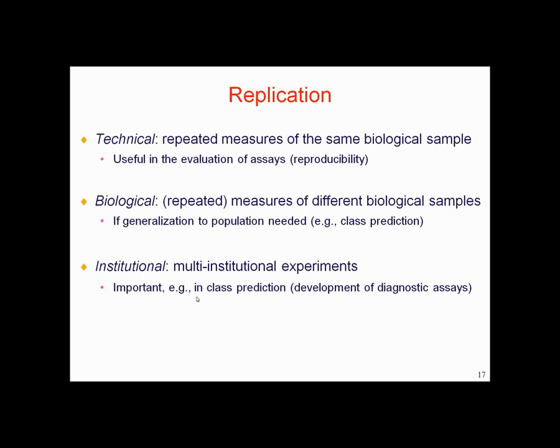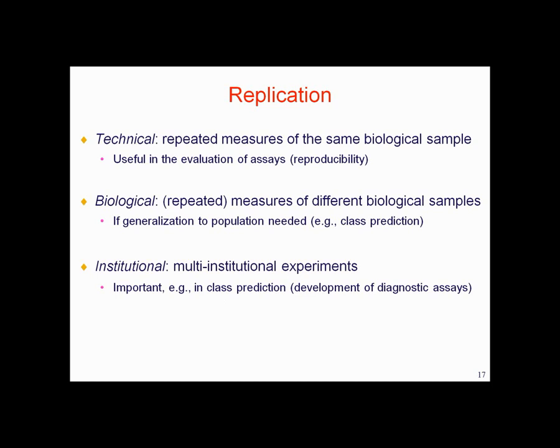Also, if you take institutional replicates and average the performance across them, you will get a better assessment of your misclassification rate, for instance, taking into account that if you do your diagnosis in different labs, there will also be differences between the labs.